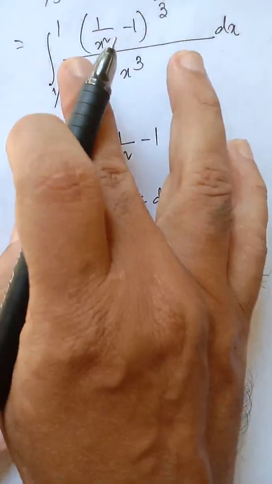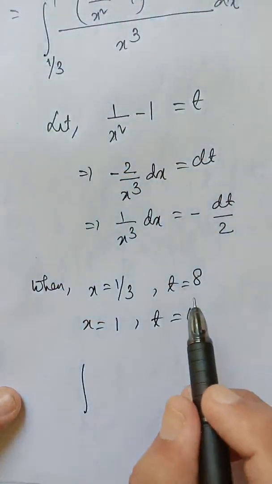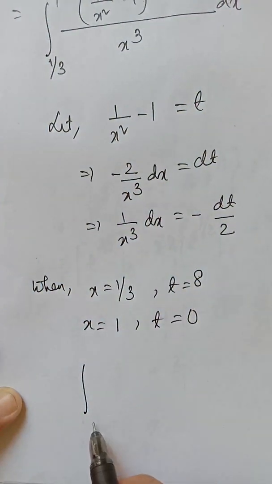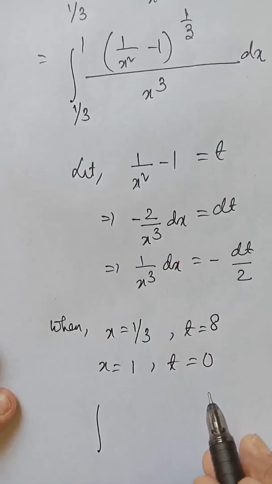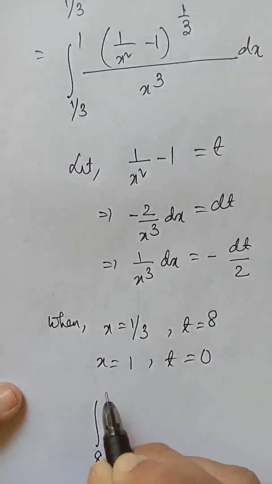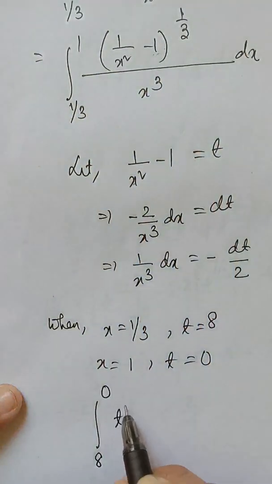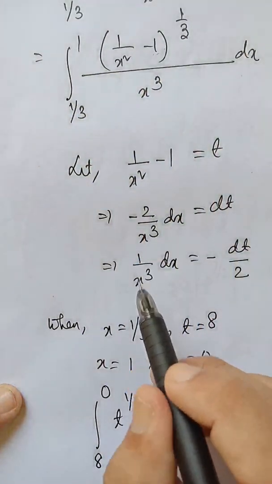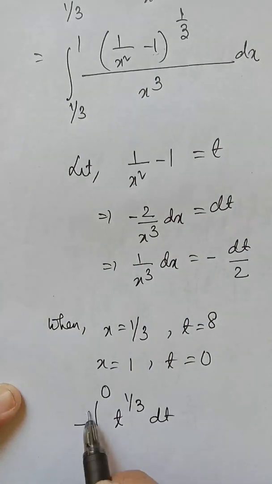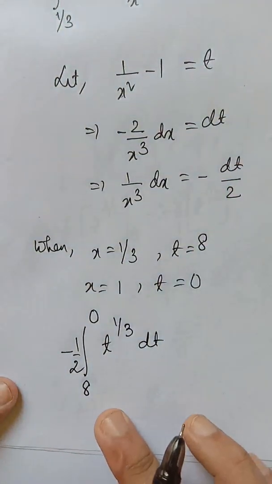So ultimately, when x equal to 1 by 3, t is 8, so it will be the integration from 8 to 0. This is our t, so it will be t to the power 1 by 3, and 1 by x cube dx is minus dt by 2. So our integral changes to this.